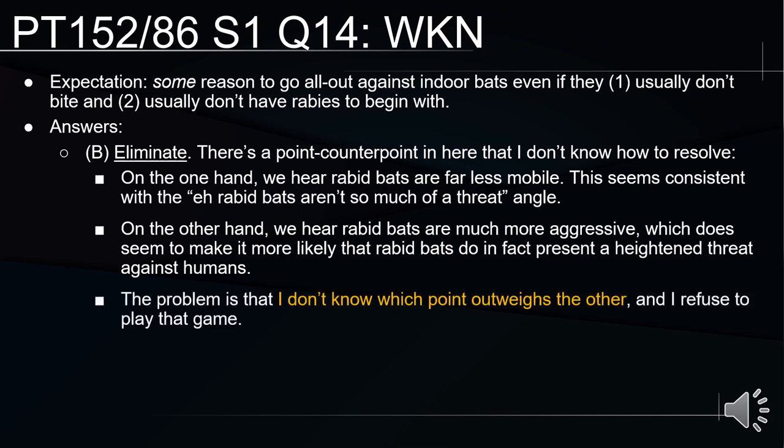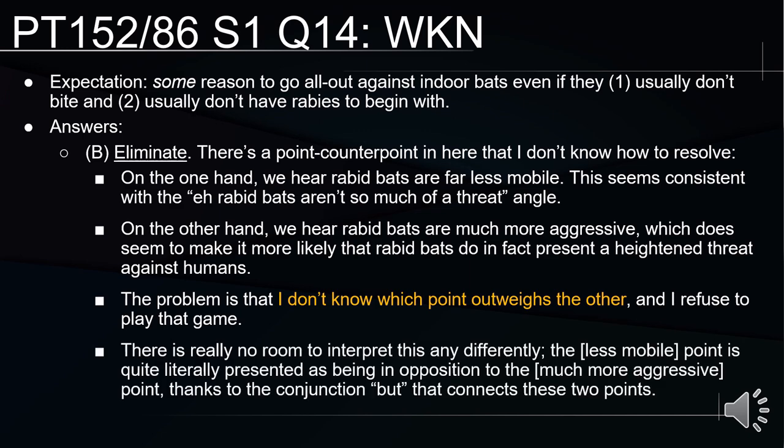The problem is that I don't know which point outweighs the other, and I refuse to play that game without any further information. There really is no room to interpret this any differently. There has to be this point-counterpoint thing here because the less mobile point is quite literally presented as being in opposition to the much more aggressive point, thanks to the conjunction word "but" that connects these two points.